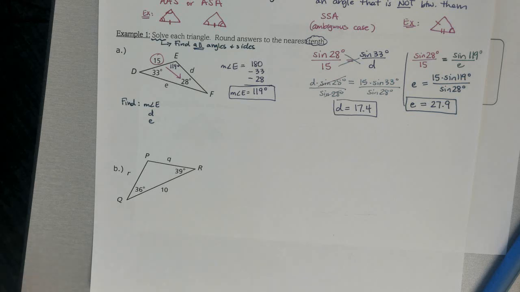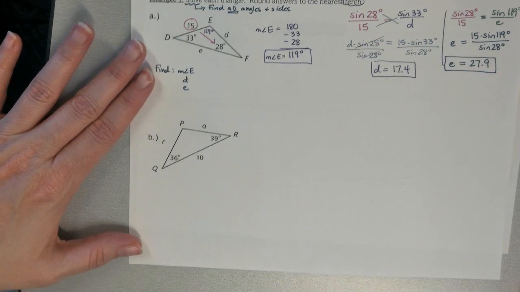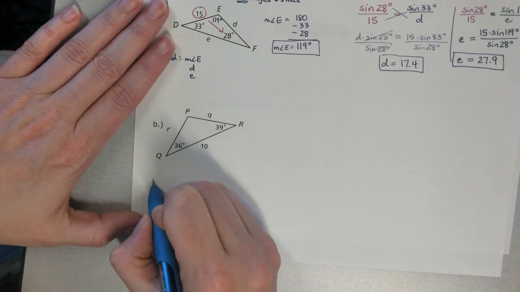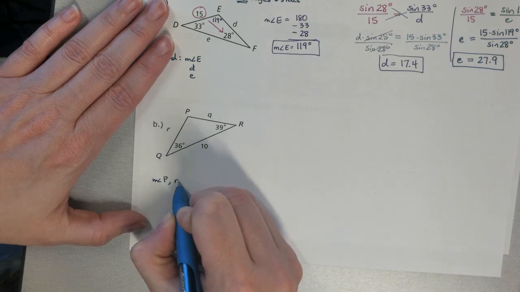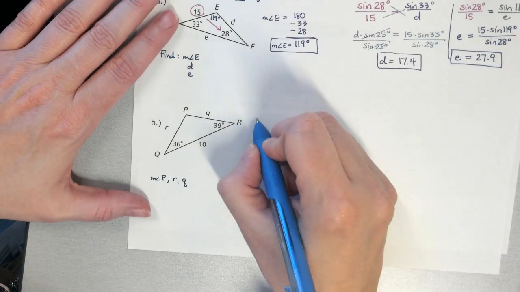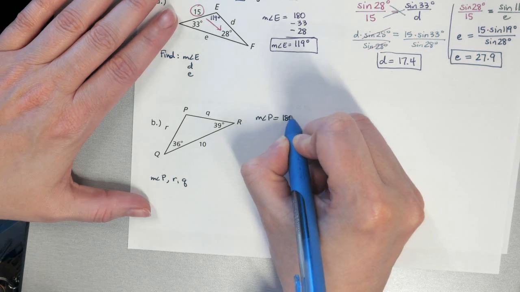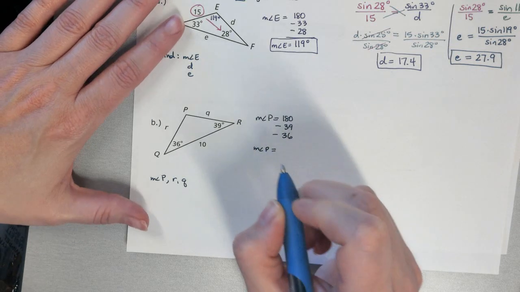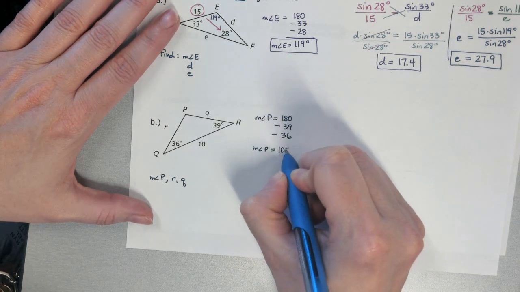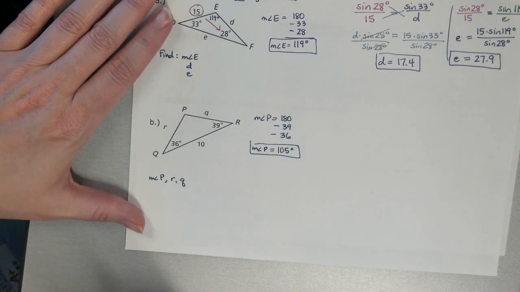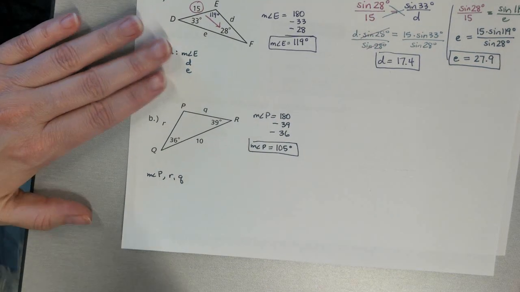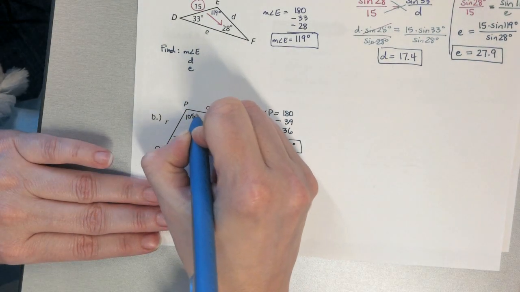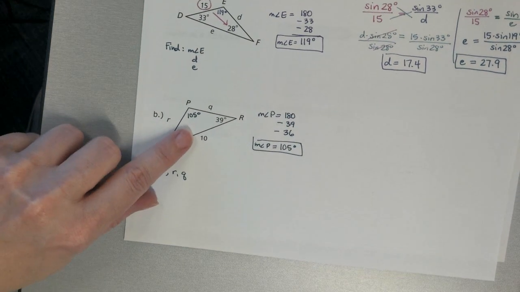Alright, so what did you guys find first for this one? Yeah, angle P. Okay, so we have to find measure of angle P, we have to find R, we have to find Q. Okay, now, once you find angle P, right, now you can use that when you're finding the others, because this is the only matching pair.